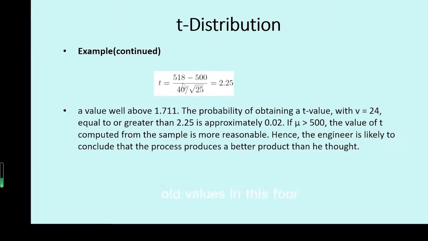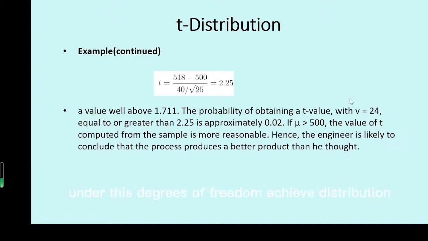after filling all values in this formula. So this value is above 1.711, outside of this range, right? Which means under a t-distribution of 24 degrees of freedom, this t-statistic is more likely from a population mean larger than 500.